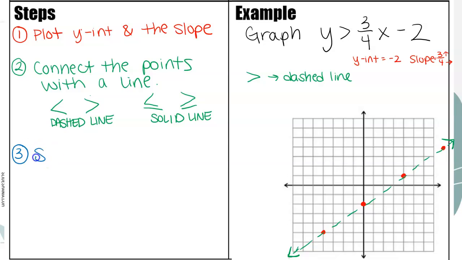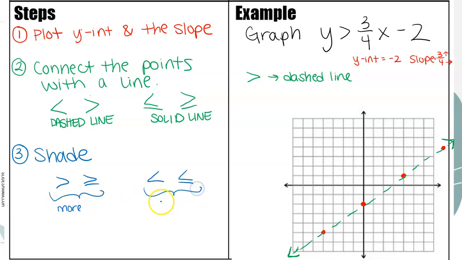And this is where we're going to use shading. There are different ways of shading. However, in my experience, there are some ways that are easier than others. Again, we're going to go back to some categories of inequalities that we have. These types of inequalities are similar because these two are both more than, and these two are both less than.